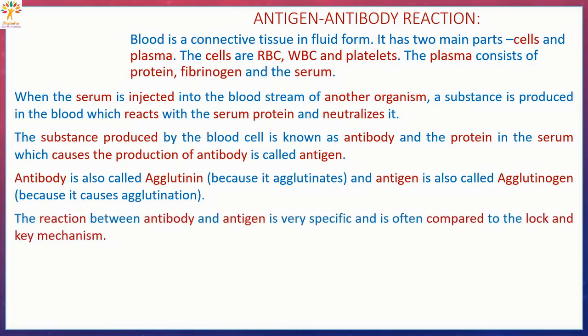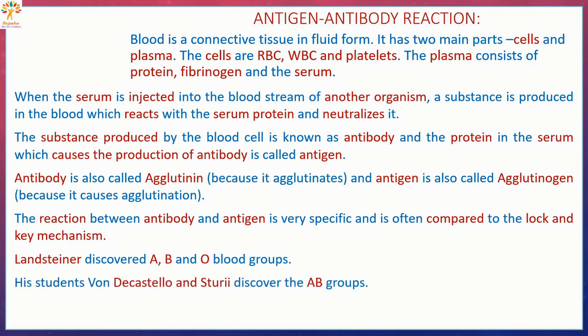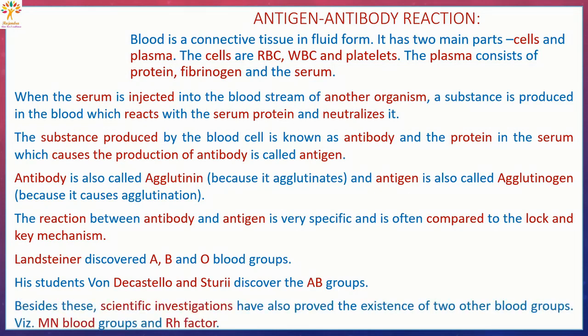Now the reaction between antibody and antigen is very specific and is often compared with the lock and key mechanism. Landsteiner discovered A, B and O blood groups. His students von Decastello and Sturli discovered the remaining AB blood group.